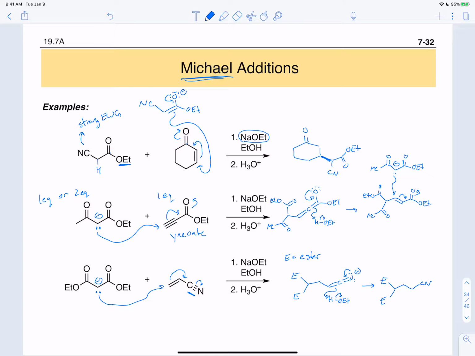So again, all of these feature a similar 1,4 bond formation. And this just goes to highlight that the electron withdrawing groups you can have on a double bond to switch over to being an electrophile can be also nitriles in addition to esters or ketones.